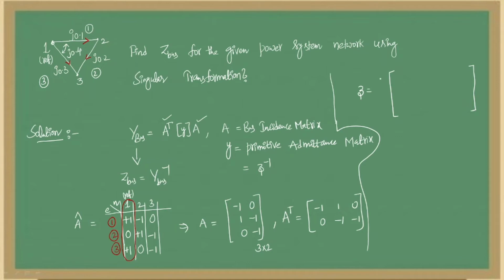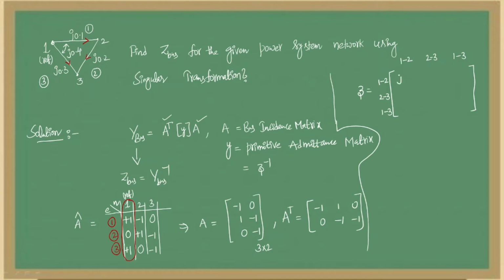Now I am considering all three elements. The first element is between 1 and 2, the second element is between 2 and 3, and the third element is between 1 and 3. Similarly, here I can write the 1 to 2 element, 2 to 3 element, and 1 to 3 element. Now, what are the diagonal elements? Diagonal elements are the self impedances. The self impedance of the element between 1 and 2 is J 0.1 per unit.